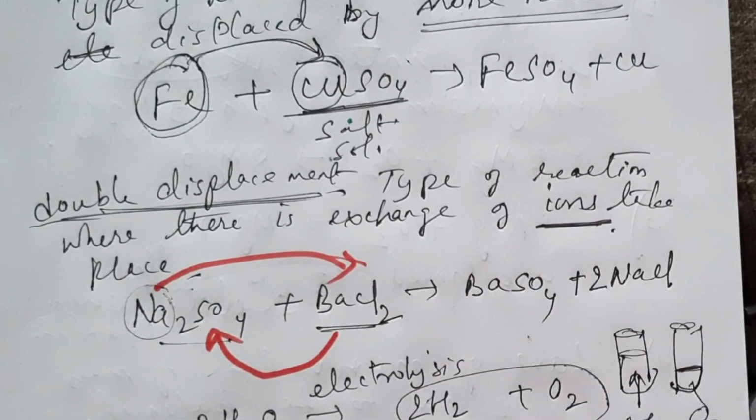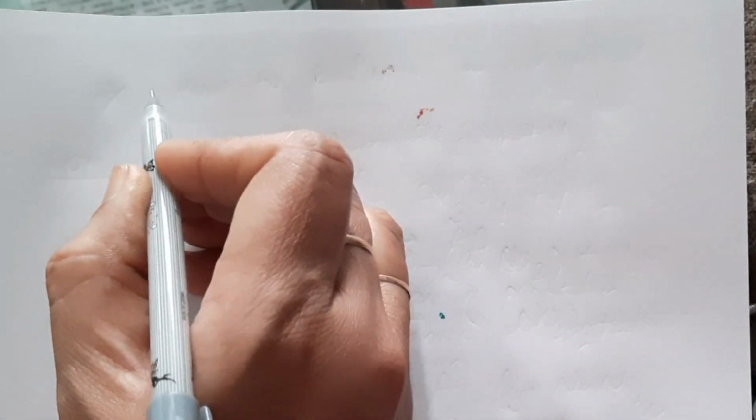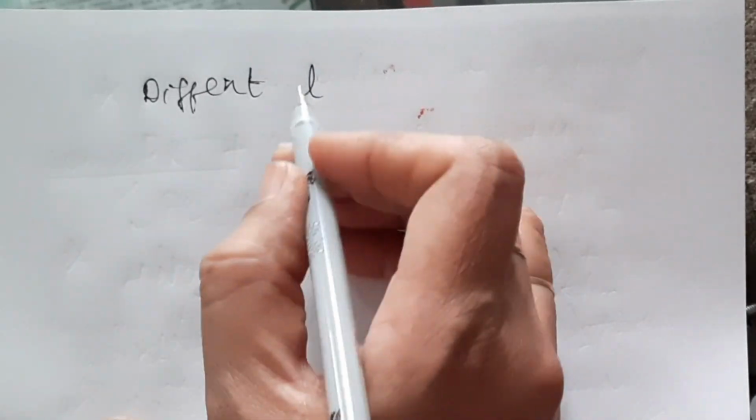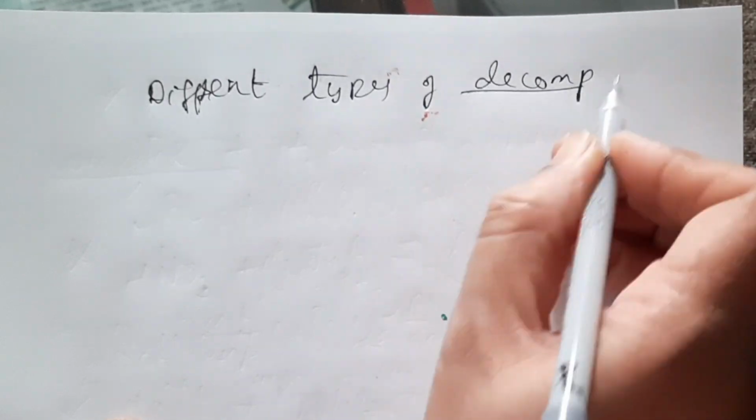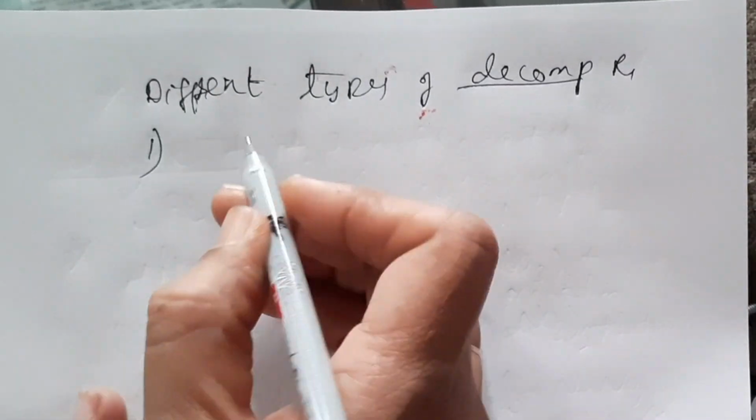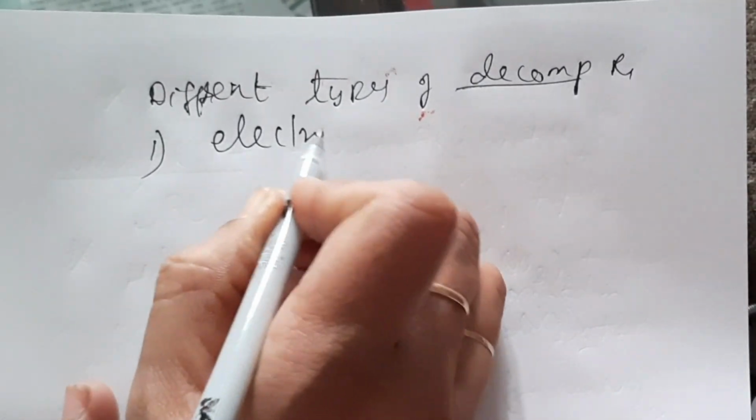Now regarding the decomposition reaction, they can ask what the different types of decomposition reaction are. Decomposition reactions are of three types. The first one is electro decomposition.